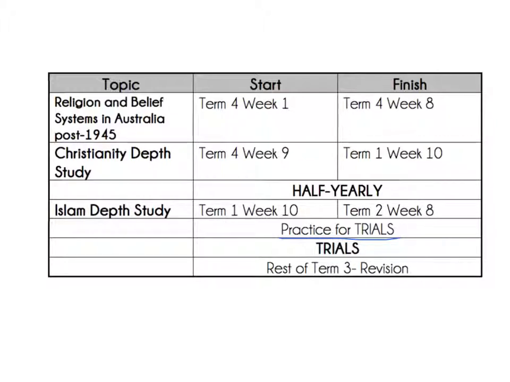If not, it'll mean that we will have to actually feed into some of that time. Then in weeks 3 and 4 of term 3 next year, you will complete your trial HSC. Your trial is very important. When you come back in about week 5, as you saw with the 12s this year, most of the rest of term 3 will be spent doing revision, give or take how much time we have to finish the course, okay? So that's what it looks like.